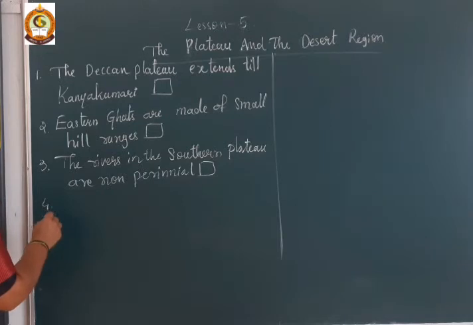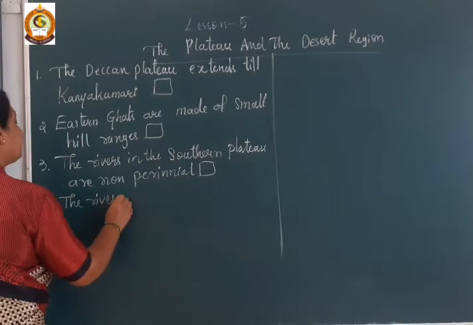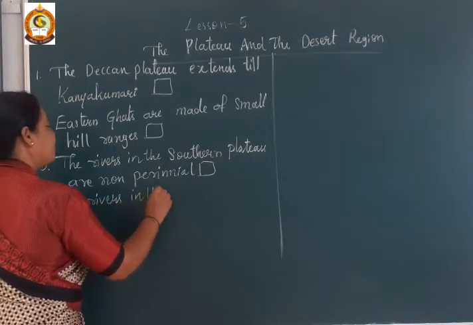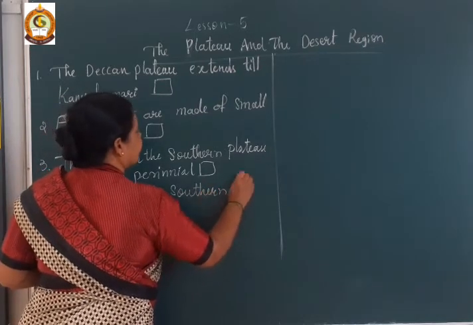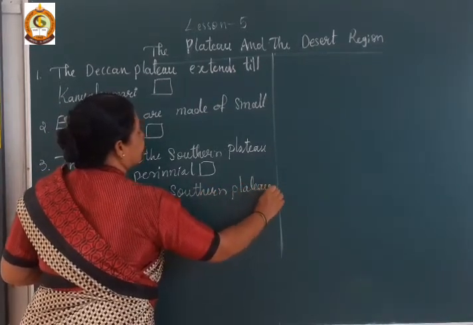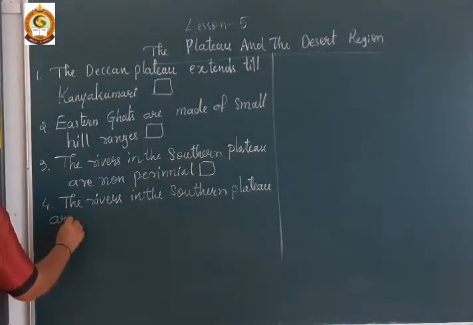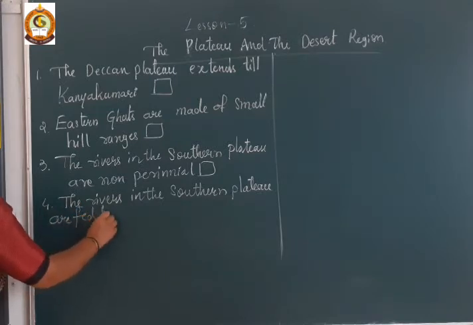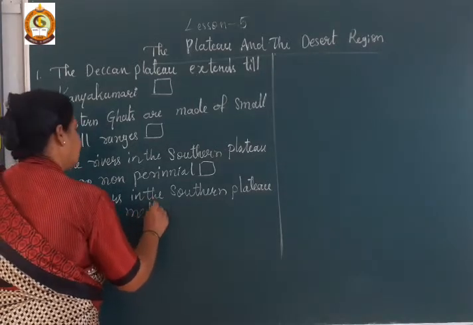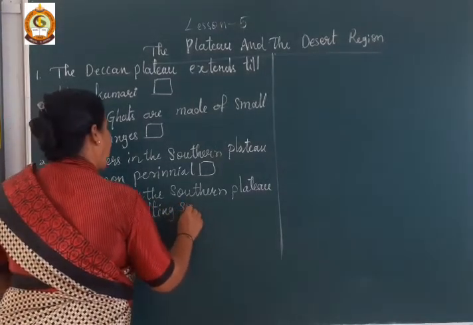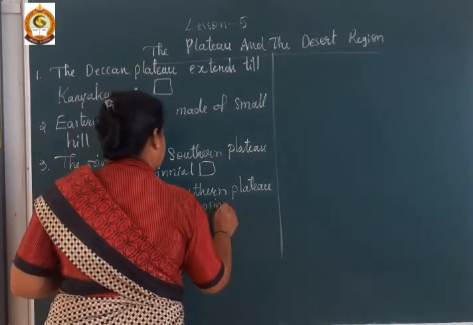Fourth sentence, the rivers in the southern plateau are fed by melting snow in mountains.